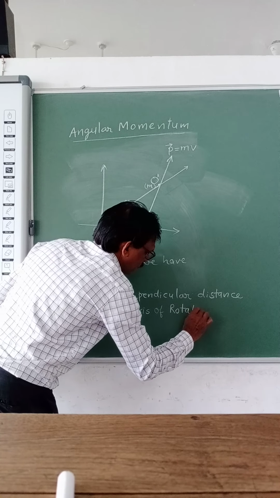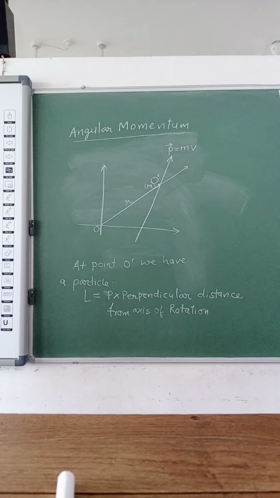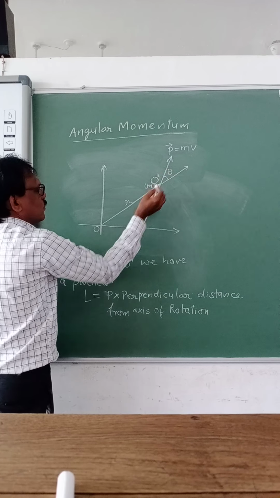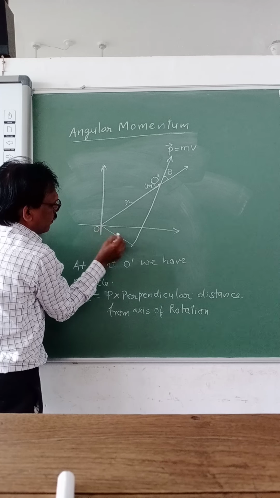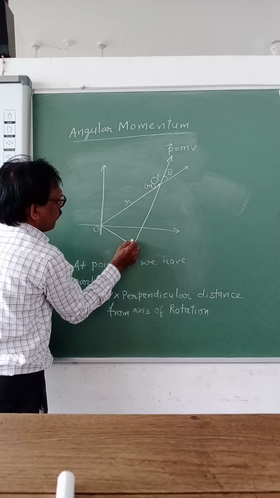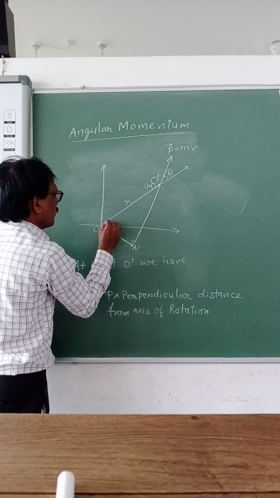Now here you see, suppose this angle is theta, then draw one perpendicular. This is one perpendicular ON. So ON is perpendicular to this, and this is also perpendicular to R.